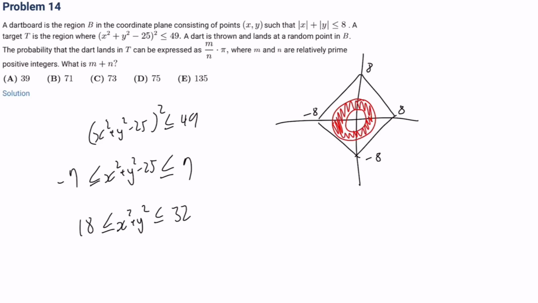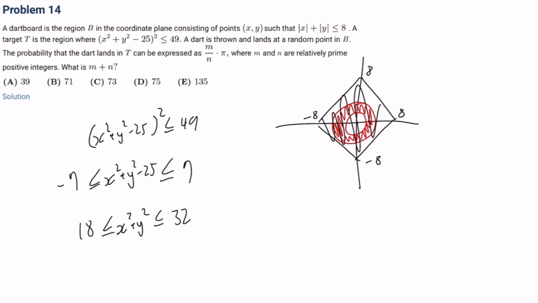Probability is the red area over the total area. And what is the red area? It's the radius squared times pi. So that's root 32 squared times pi minus root 18 squared times pi, over the whole thing, which is 8 root 2 times 8 root 2.